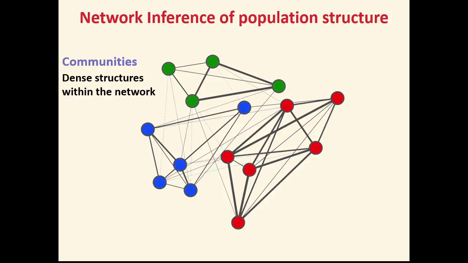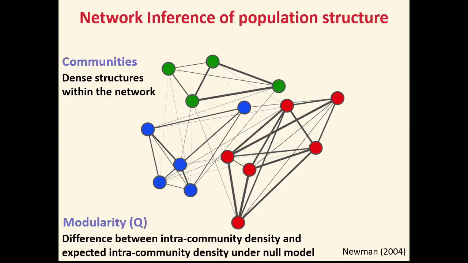We call these dense structures communities in network theory. And this field of research of identifying and analyzing communities is a very active field of research today in network theory.